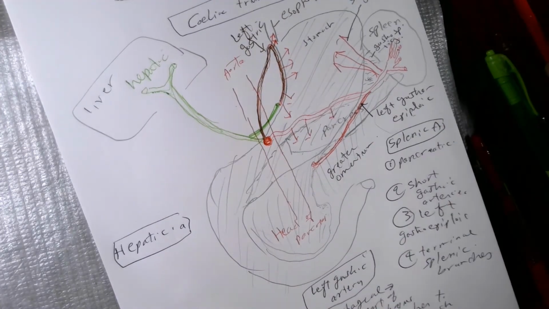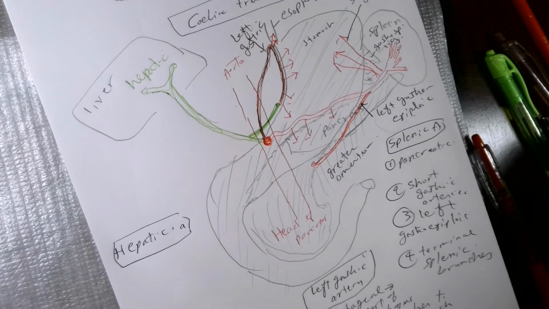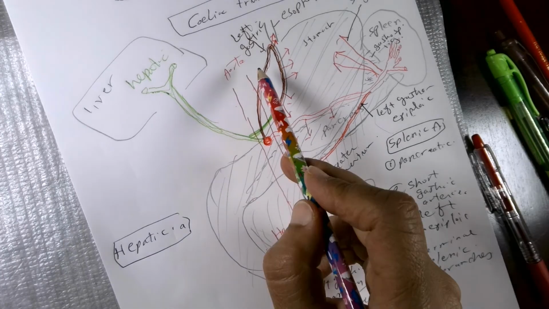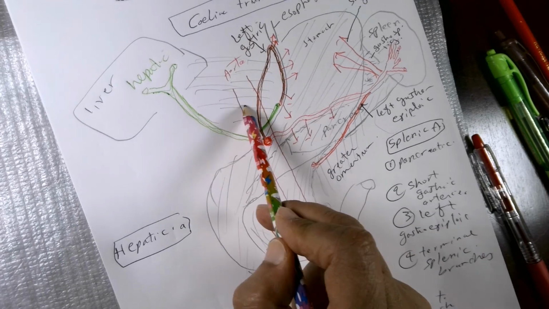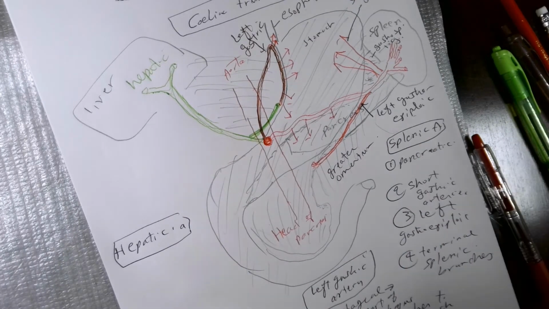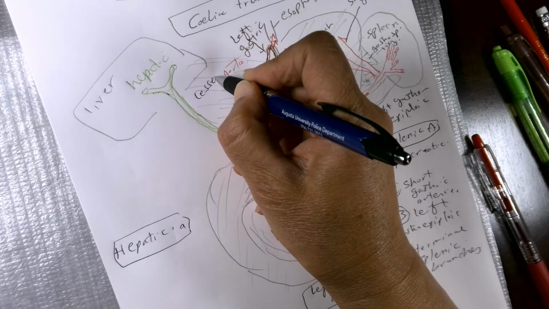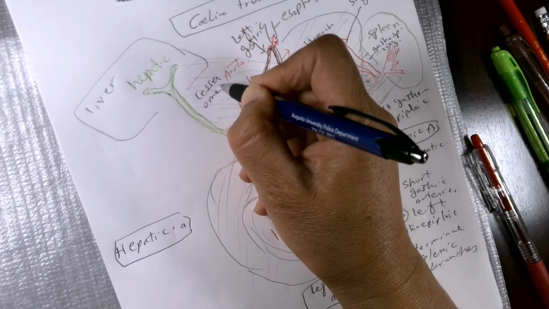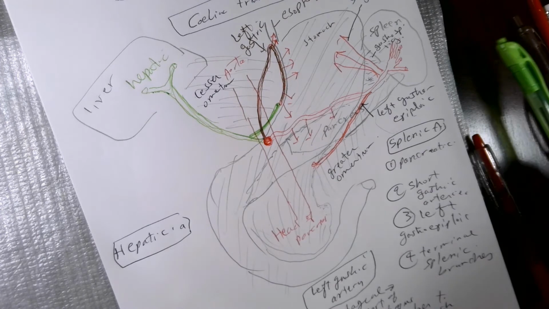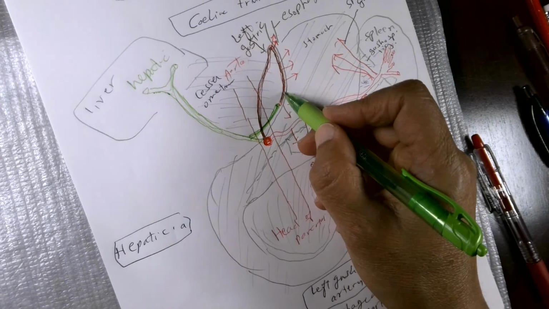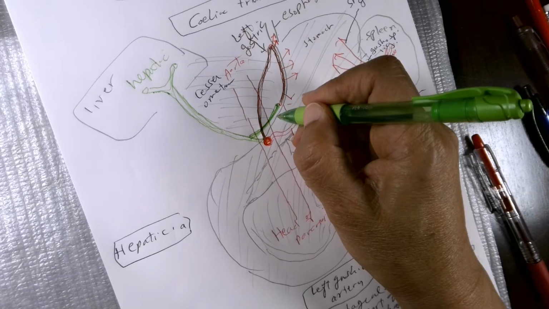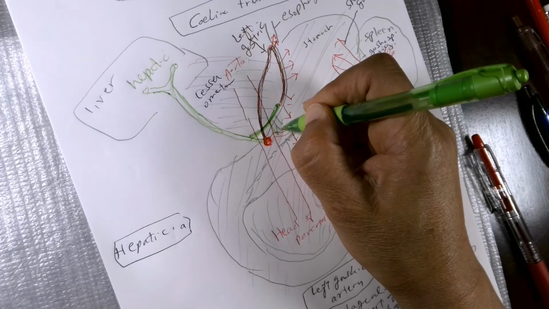Remember which peritoneal fold here? In this area, extending to the liver, the lesser omentum, correct? So this is the lesser omentum. Basically, this is the right gastric artery, which anastomoses with the left gastric and sends branches to the lower part of the stomach, here.